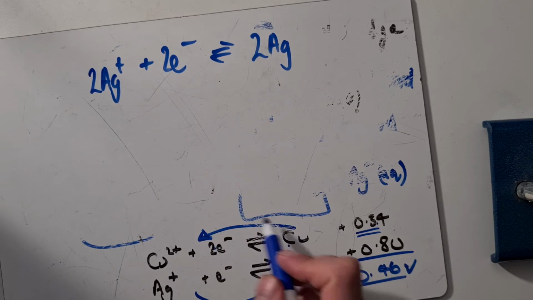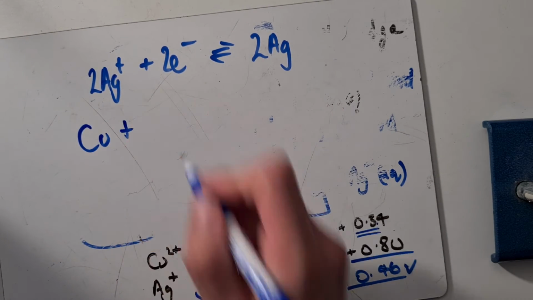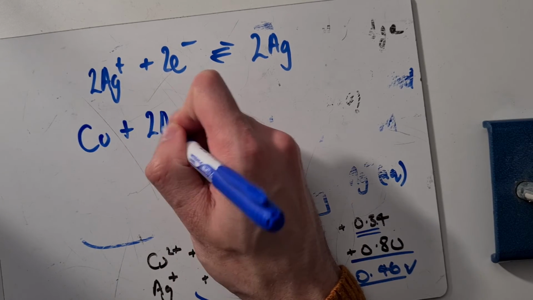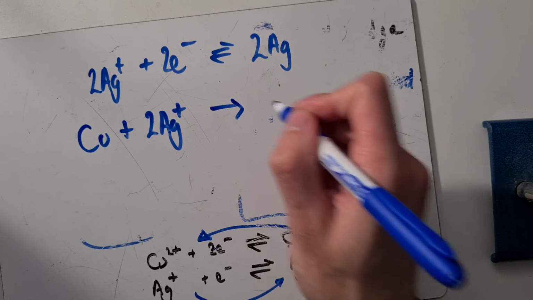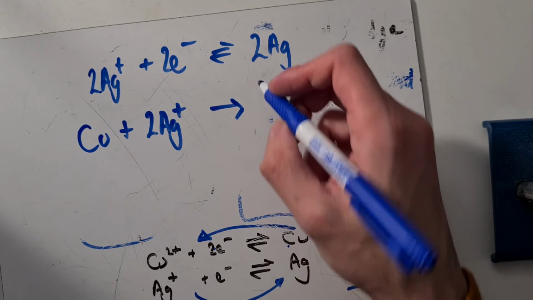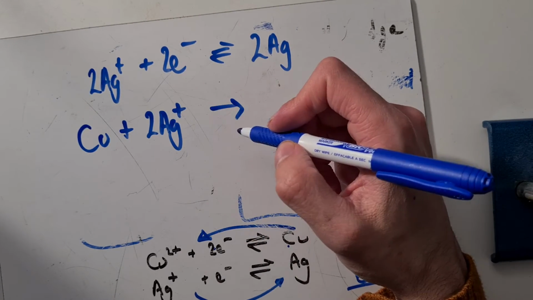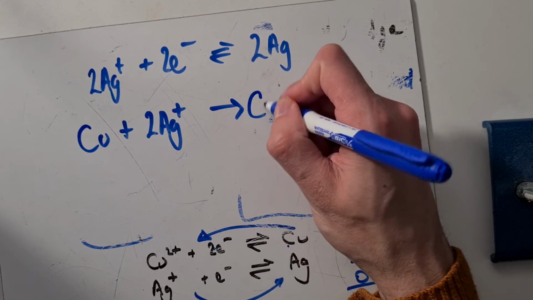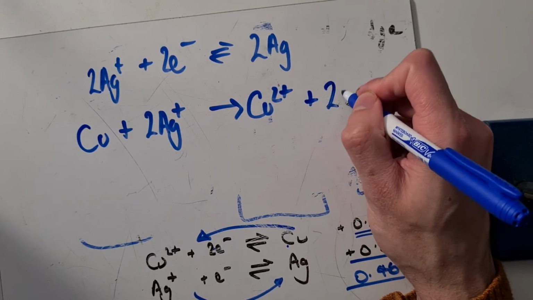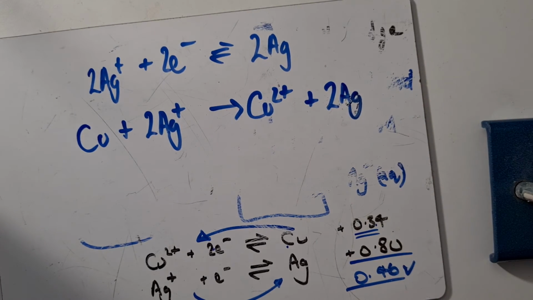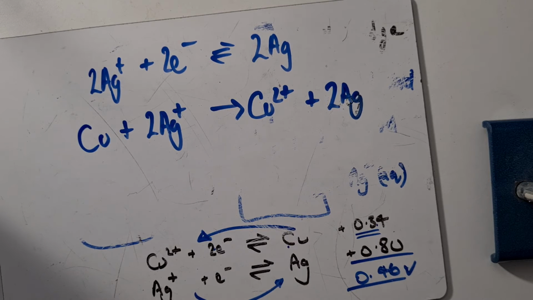And I've already said it's going from copper, so copper plus 2Ag+ will go to Cu2+ plus 2Ag. Yeah, that looks right. Electrons then cancel out and we're all good.